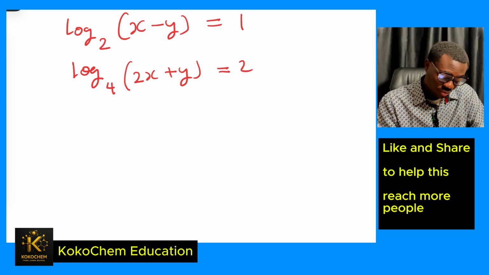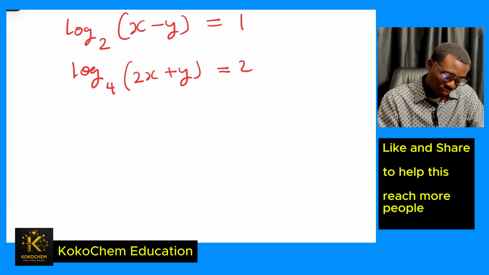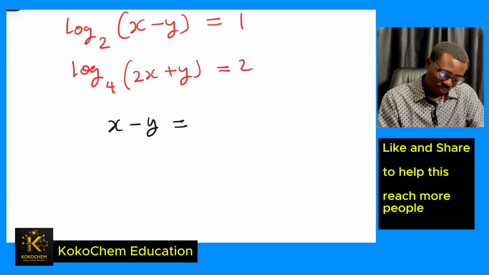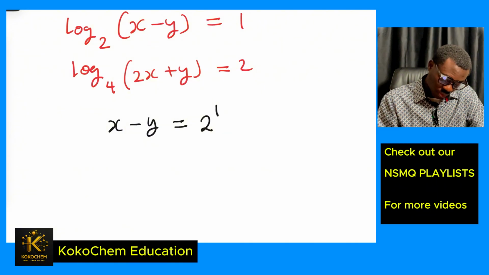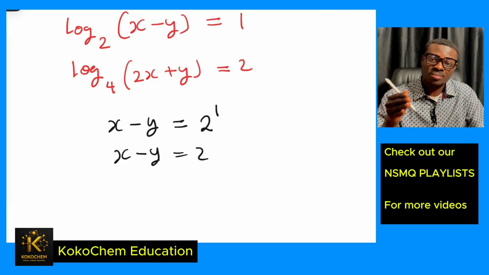Anytime you have this type of question, the simple trick is to break these two logarithm equations into linear equations. So you have x minus y is equal to 2 power 1, which gives you x minus y is equal to 2, because 2 raised to the power 1 is the same thing as 2.